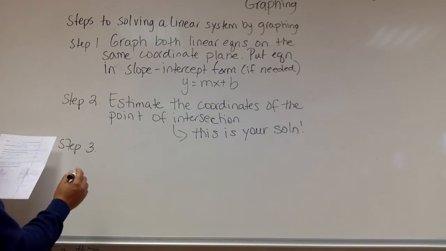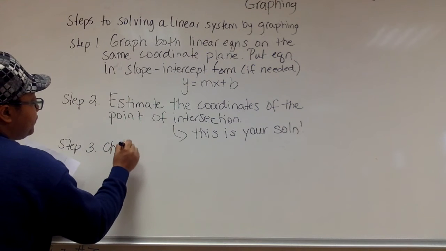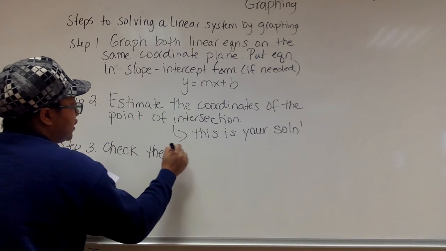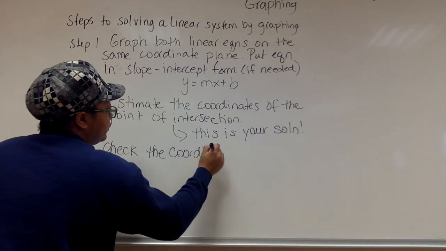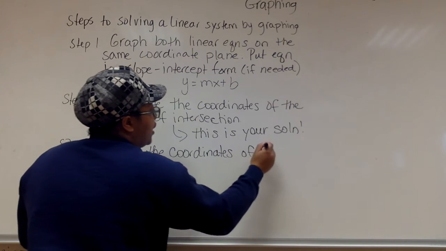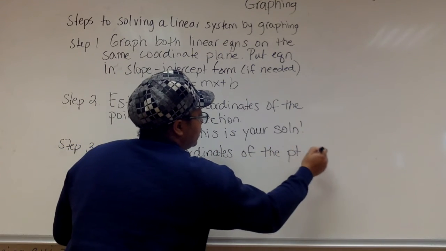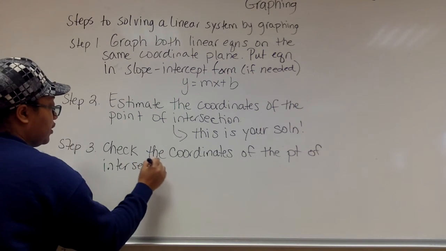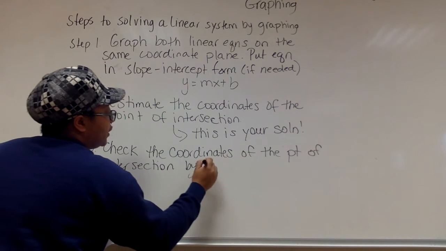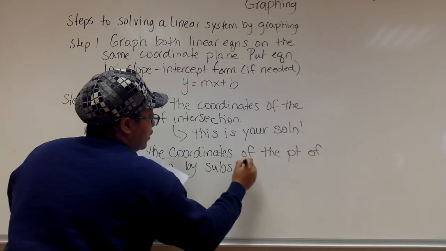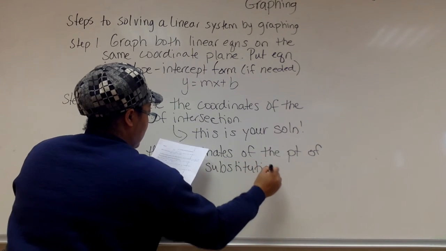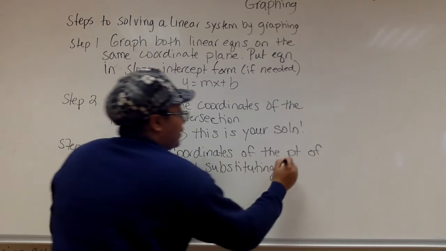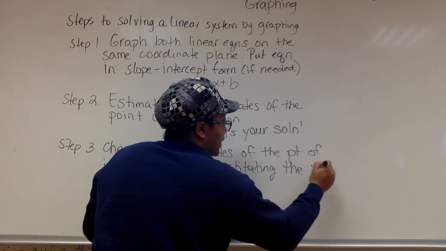So step 3 says check the coordinates of the point of intersection by substituting the x and y, because that's what you're going to get.